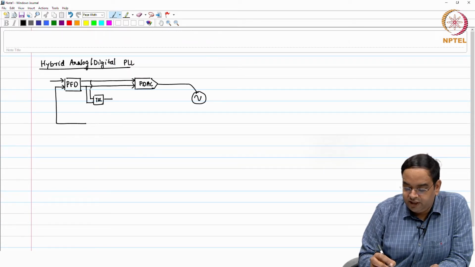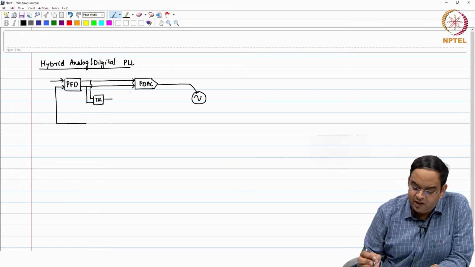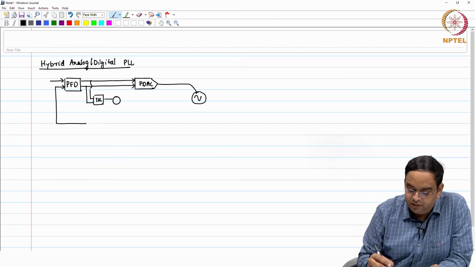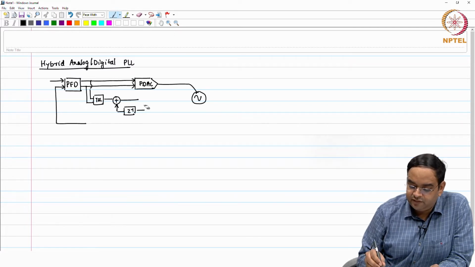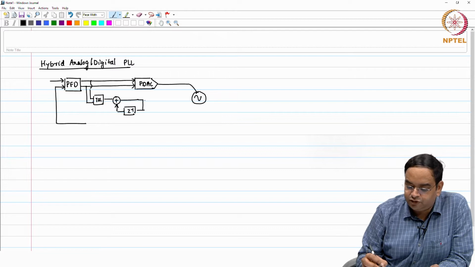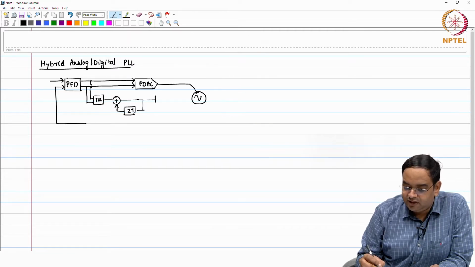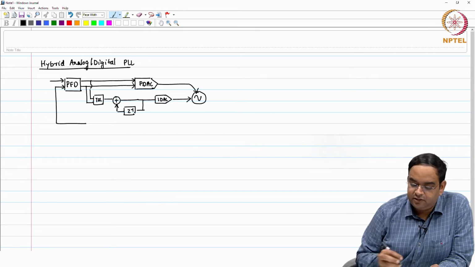The output of the TDC goes to a digital loop filter. You can have gain if you want, and then this is a 1 minus Z inverse implementation. The output of the digital loop filter goes to a DAC which is the IDAC, the current DAC in the proportional path, and this is what you have.